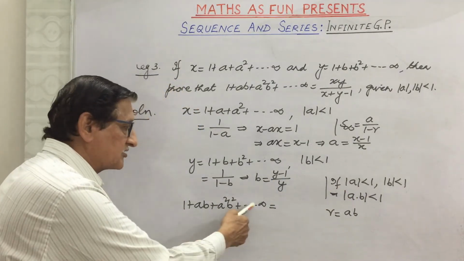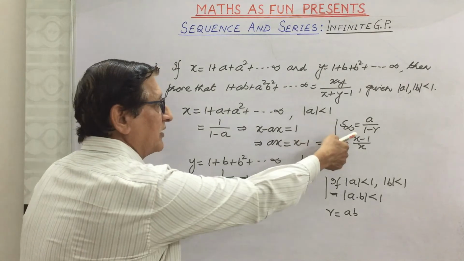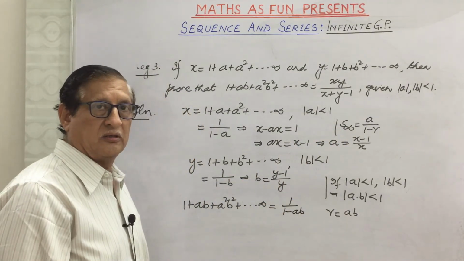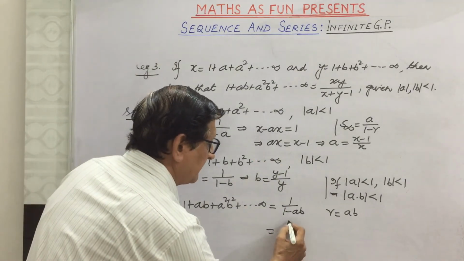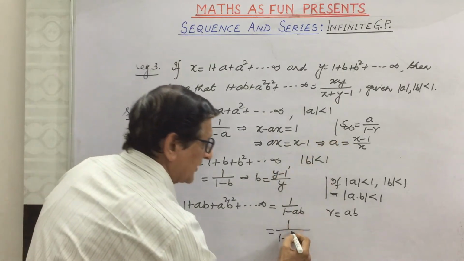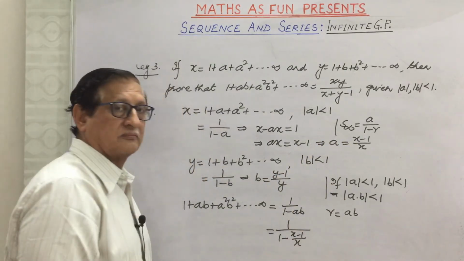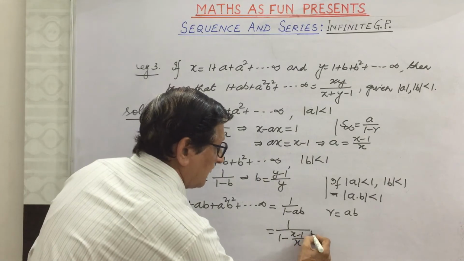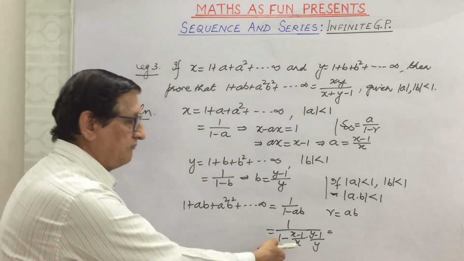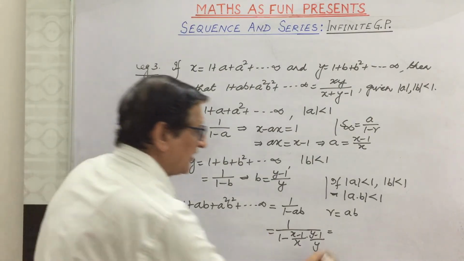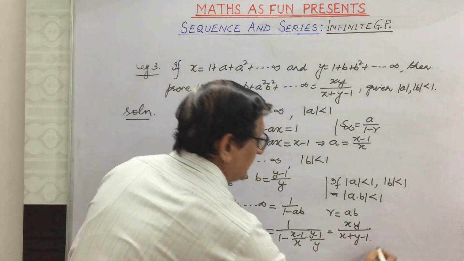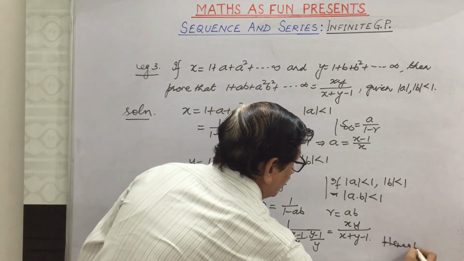So the sum will be a upon 1 minus r, that is 1 upon 1 minus a into b. Substituting the values of a and b, we get 1 upon 1 minus (x minus 1 upon x) times (y minus 1 upon y). Taking the LCM and simplifying, we get xy upon x plus y minus 1, which we had to prove.